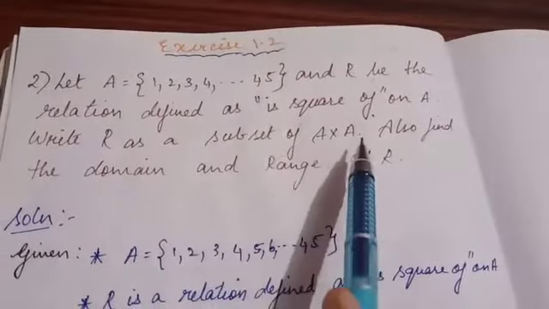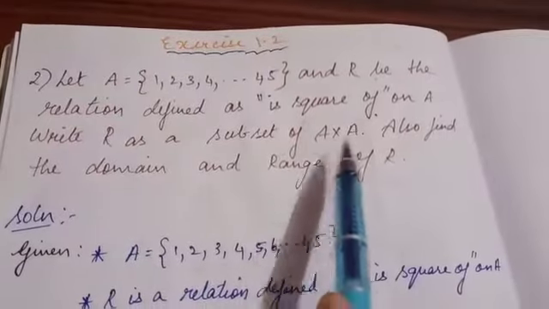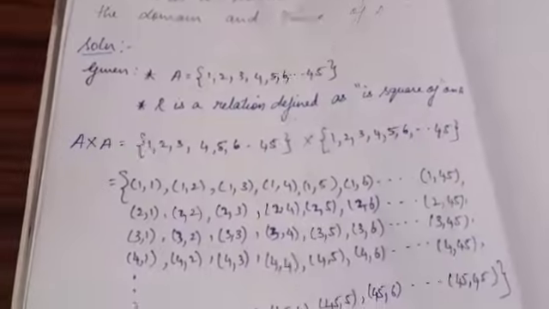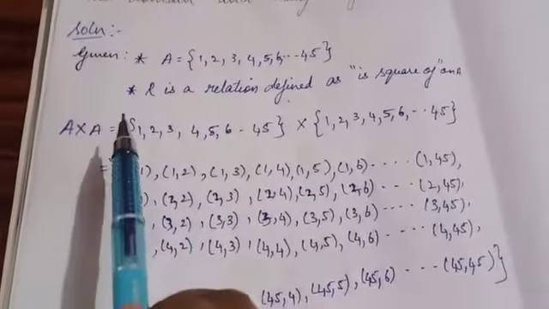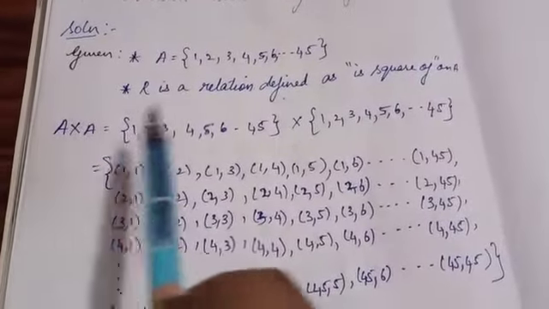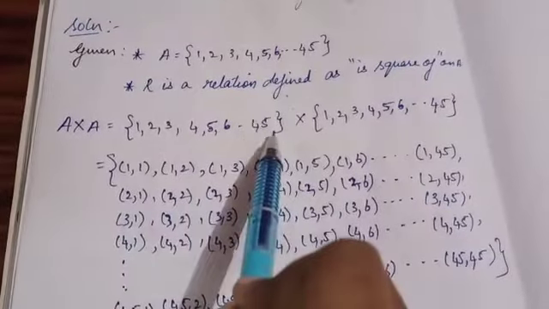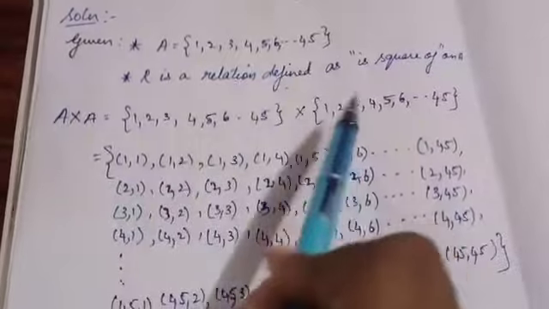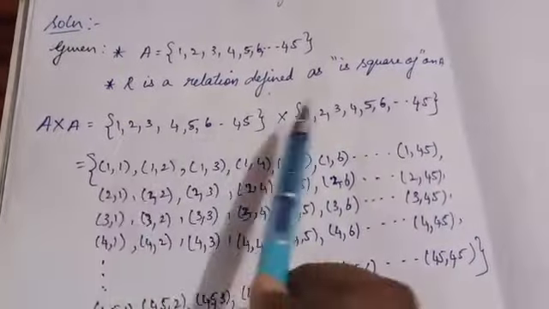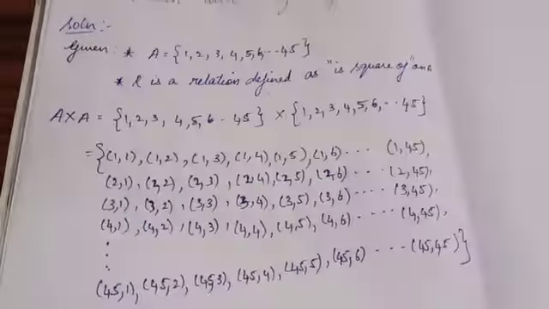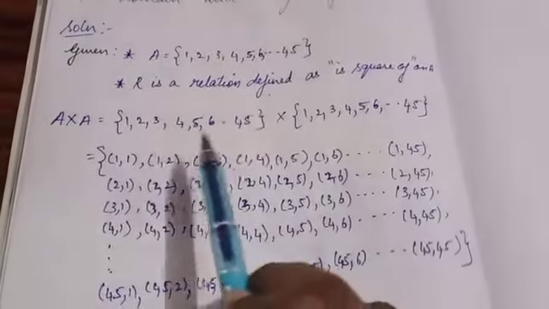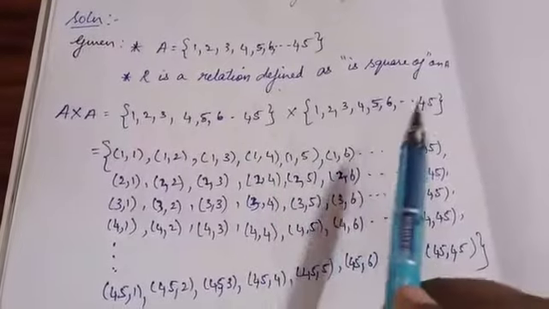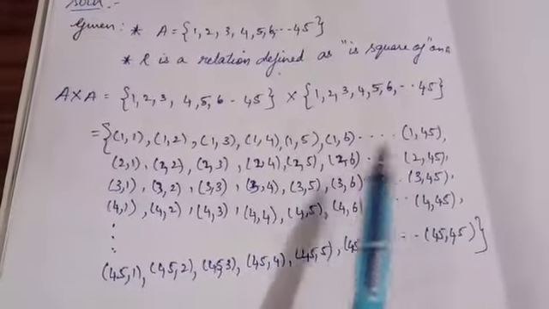So we have to write R as a subset of A cross A. For that, first we'll find A cross A. I have already done it here. I have written the elements of A and again the elements of A, and we have to cross these. So (1, 1), (1, 2), (1, 3), (1, 4), (1, 5), (1, 6) and it goes on up to (1, 45).